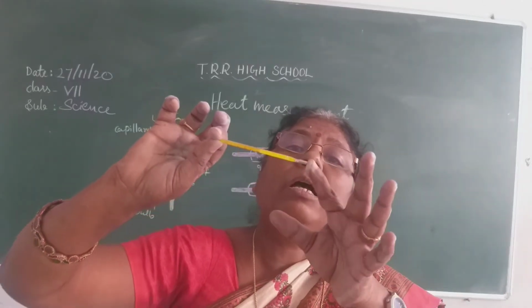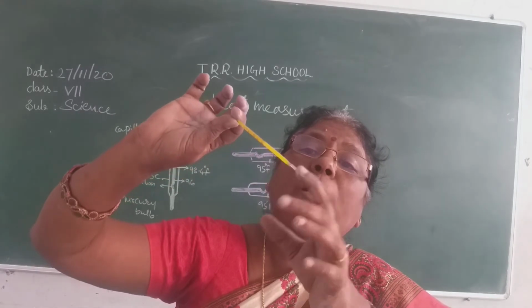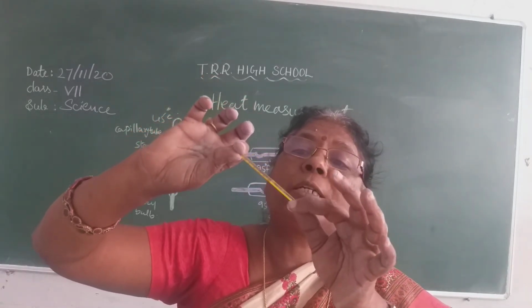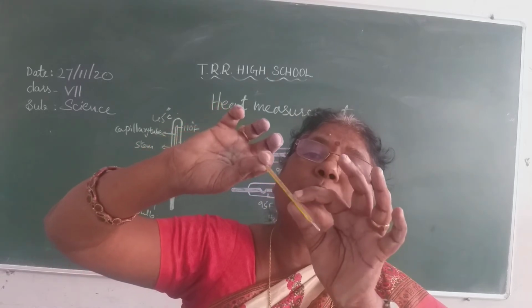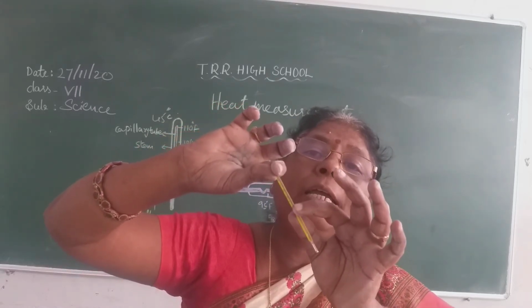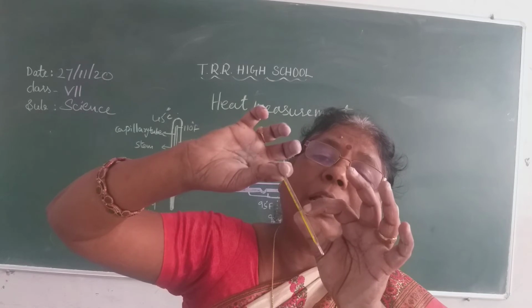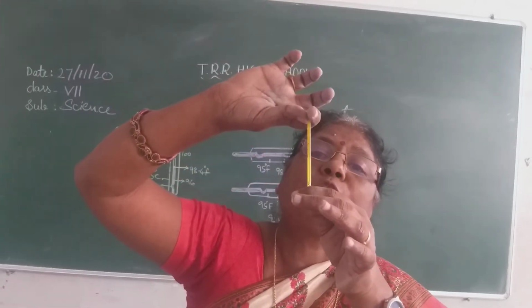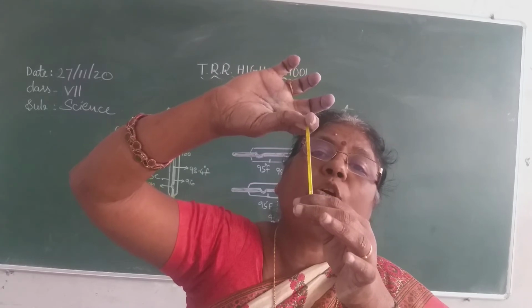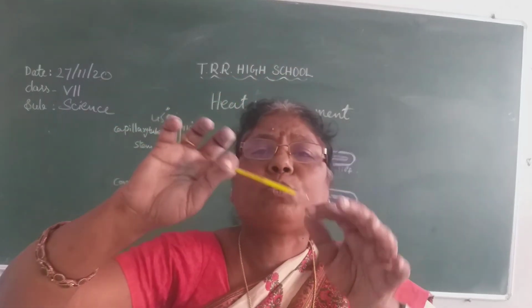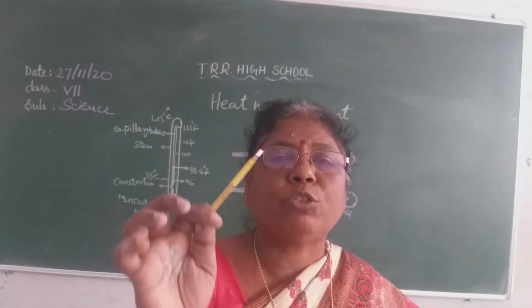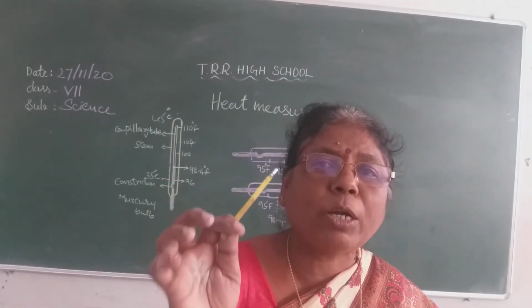You will see a thin tube, that is called the capillary tube. When the bulb of the thermometer, that is the mercury, receives the heat of the object, the mercury expands and the mercury level rises in the capillary tube, and it shows you the temperature of the object. This mercury thermometer is used only for measuring human body temperature.